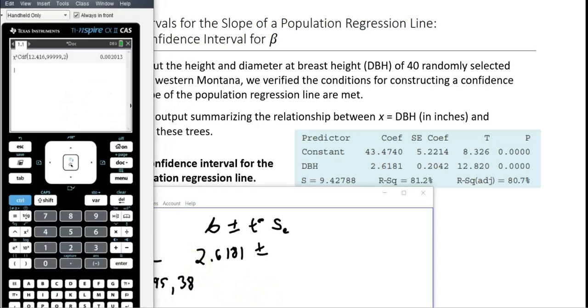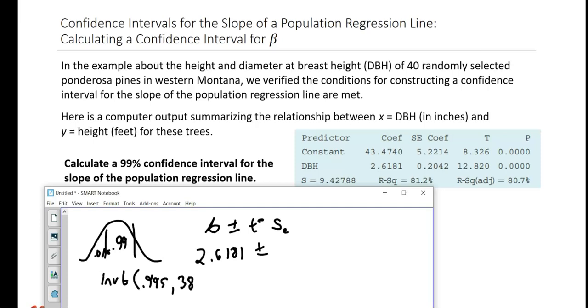So you type that into your calculator: inverse t of 0.995, comma 38. We get 2.71.